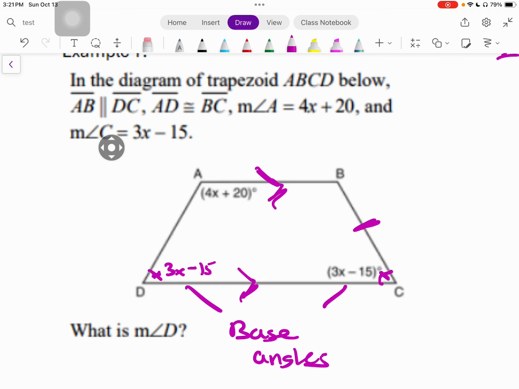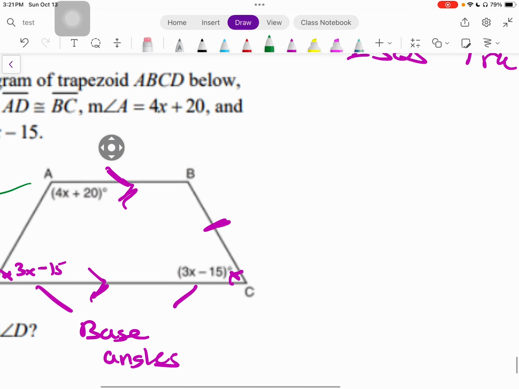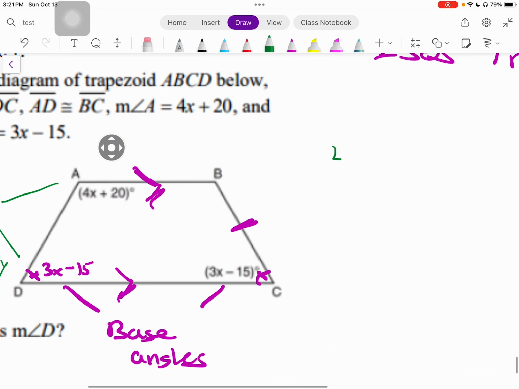Then I can go back to my original trapezoid and say same side angles are supplementary. So what I can do with these same side angles is add them up and set them equal to 180.